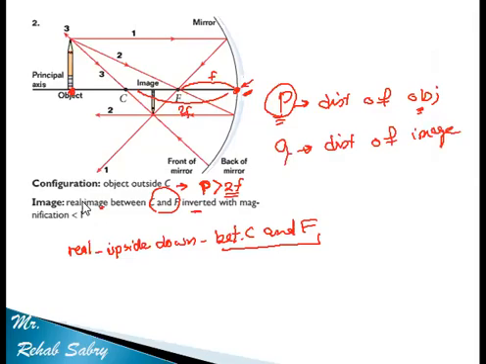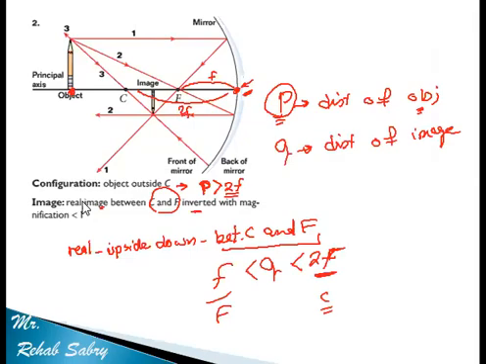Don't confuse it with the pole; we will use P here for the object distance. Between C and F means Q is smaller than 2F and more than F, because C is at 2F and the focus is at F.